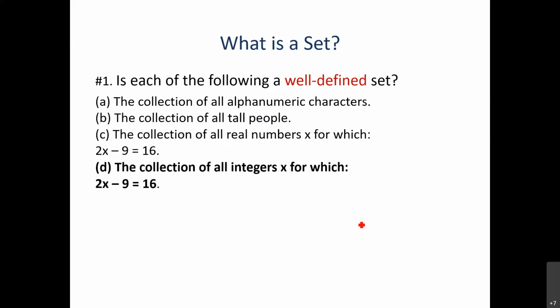What about now? All integers x for which 2x minus 9 is 16. So same equation, but now x has to be an integer. So the solution 12.5 doesn't work. Well, what happens now? So is this a set?